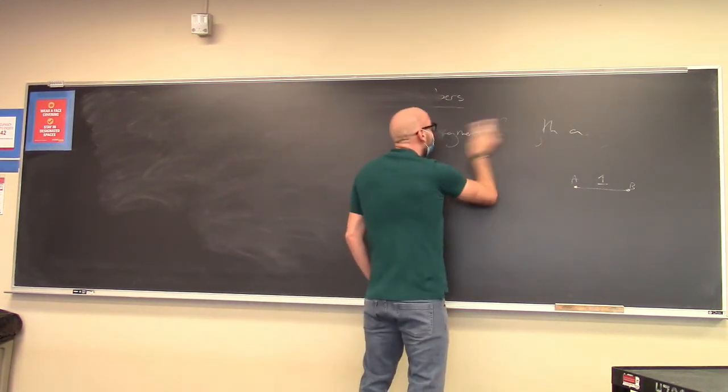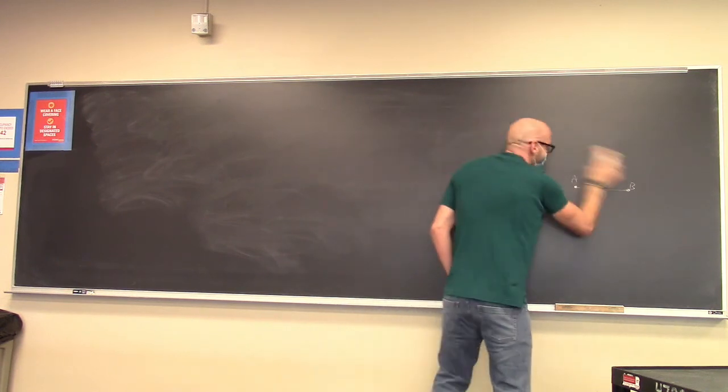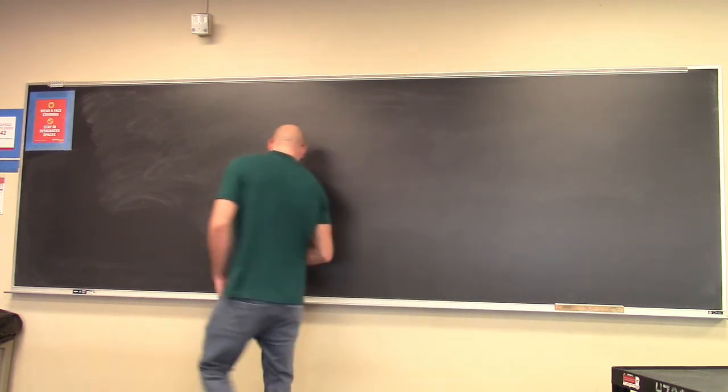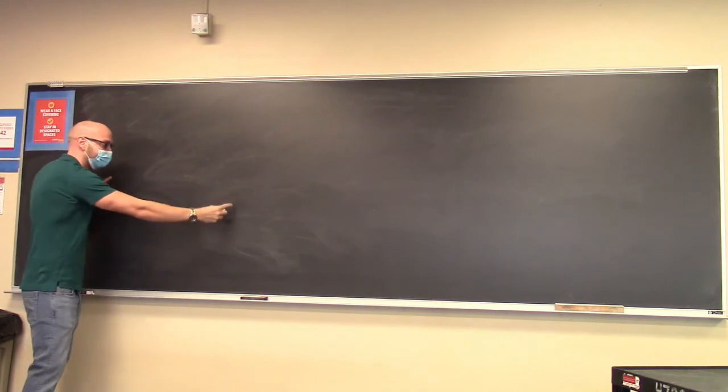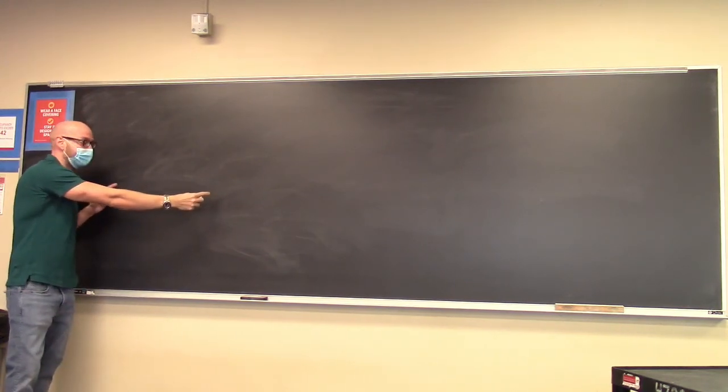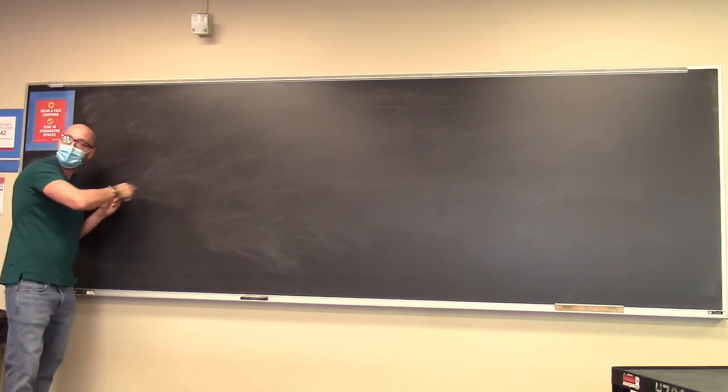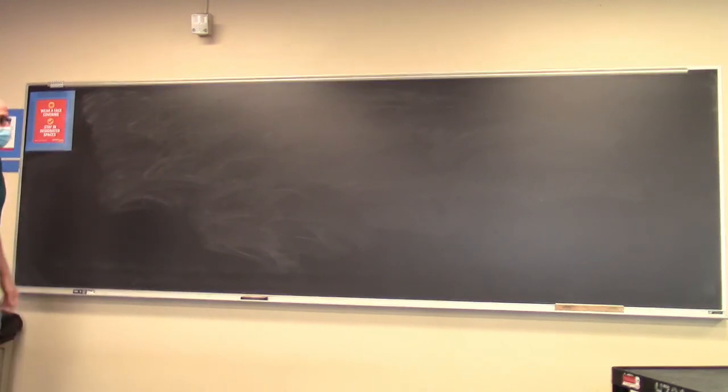From here, since you can construct all integers, and because we've talked about division, remember we did this construction: if I have a length and you tell me a value for n, I can divide that length into n equal slices. Now we can construct all the rationals, all the positive rationals.